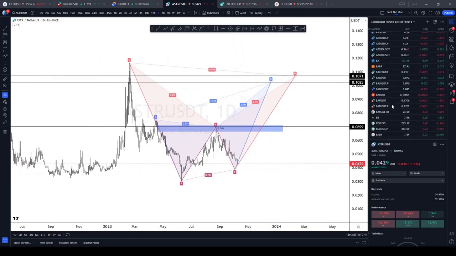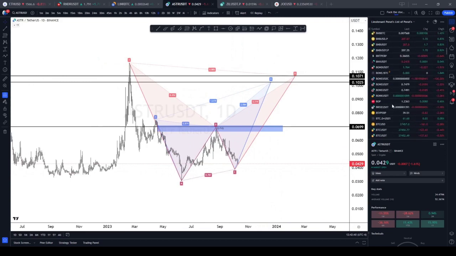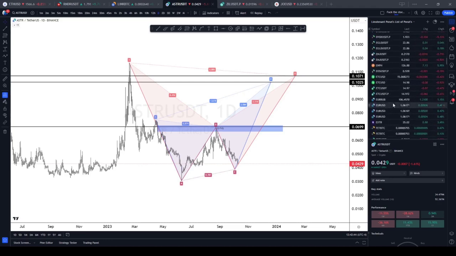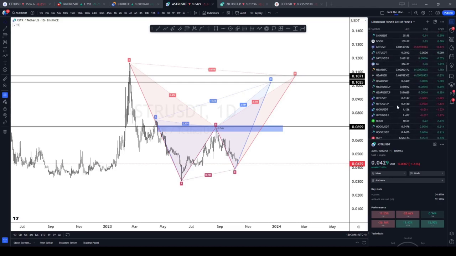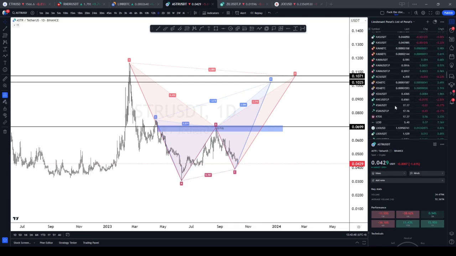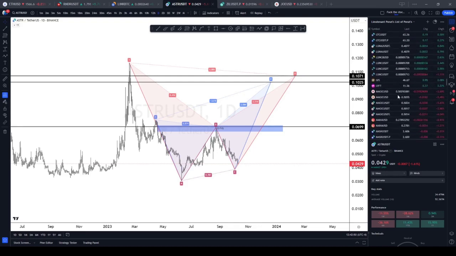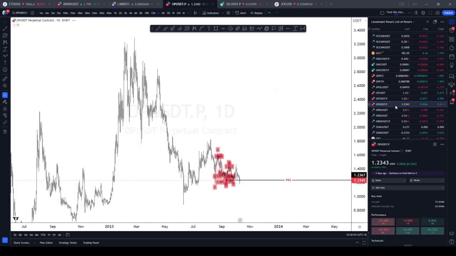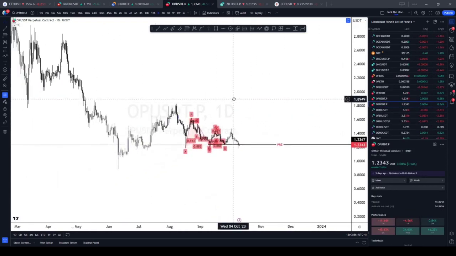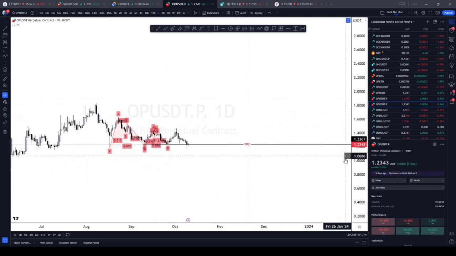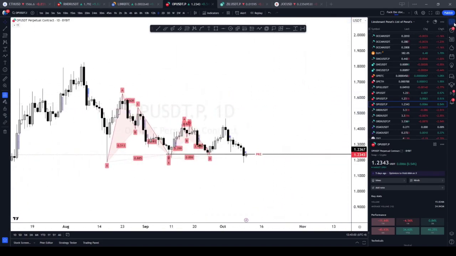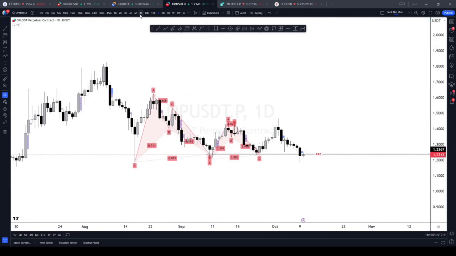But other than that, I don't really have too much to cover. My main coins I'm trying to focus on right now are AVAX, Arbitrum, the Arbitrum ecosystem. I can take a look at Optimism again too. But some of these stronger alts that have been outperforming, that are taking a dip, I am starting to look for potential lower levels, that if we do get a nuke, I can just start adding some spot bags to some of these coins.